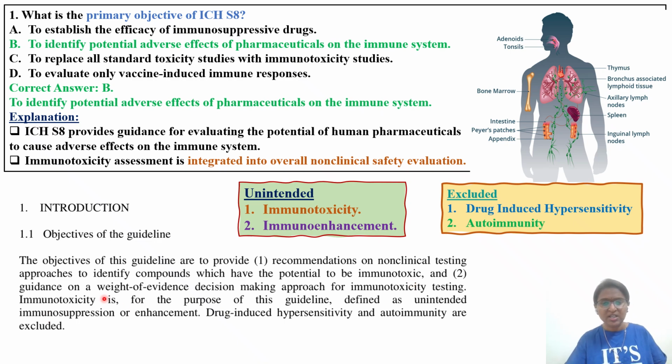The second one is guidance on the weight of evidence decision-making approach for immunotoxicity testing. As we said, we have to follow the 3R principle. We have to apply an integrated assessment, that is the weight of evidence approach. From the already existing repeat-dose toxicology studies and genotoxicity studies, if we can look into leukocyte counts, T helper cell counts, from the existing assays only, we can look into the smaller details from that evidence.